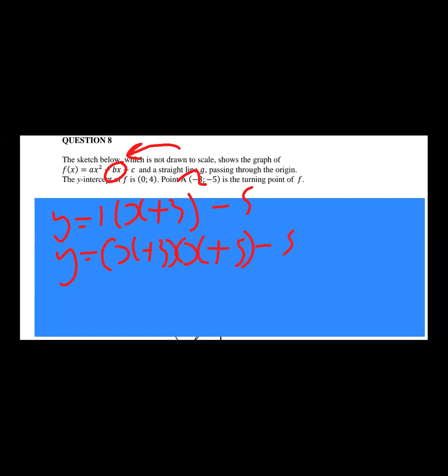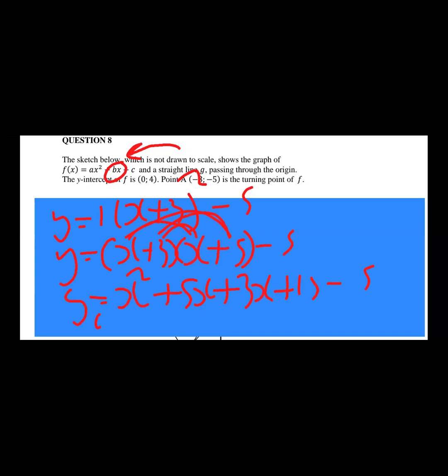It's minus 5. You expand and then you go x multiplied by x. That's going to give you x squared. x multiplied by 5 gives you positive 5x. 3 multiplied by x will be 3x. And then 3 multiplied by 5 will give you 15. Then minus 5.